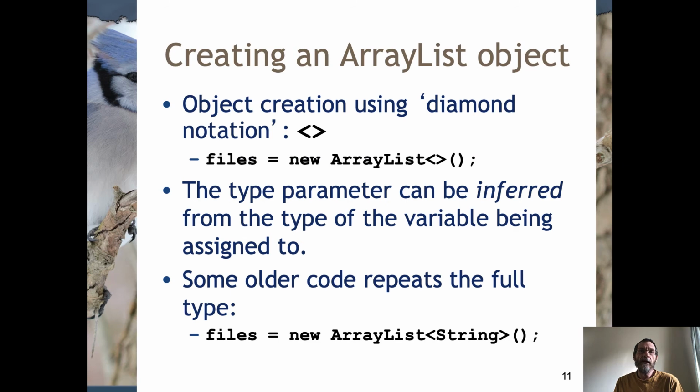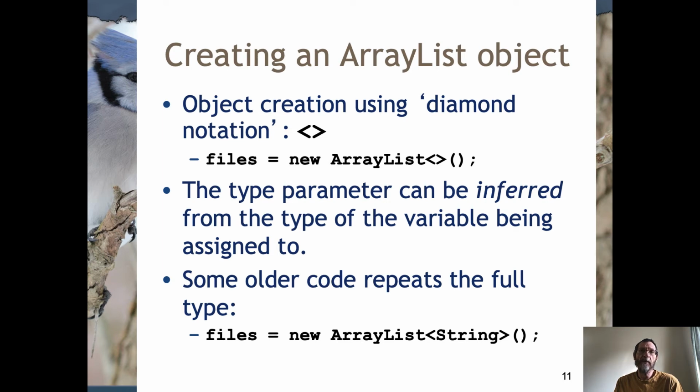So just to come back to how the new ArrayList statement looked inside the constructor of the MusicOrganizer, the creation of the ArrayList uses diamond notation. The diamond is a less than followed by a greater than symbol, and that says to the compiler, substitute in here the type of objects that the variable on the left hand side of the assignment has been declared to store.